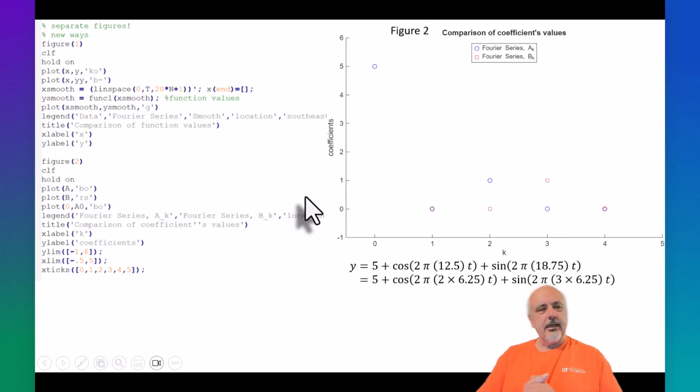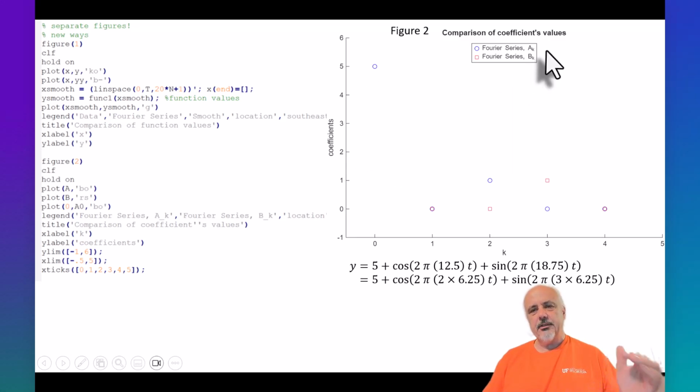Okay, so let's look at what this looks like in a frequency spectrum. So what you do there is you're going to plot the k's along this axis, and when k is 0, then you're going to get the 5 that you have up there for A naught.